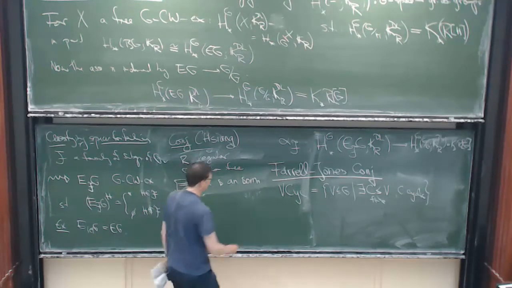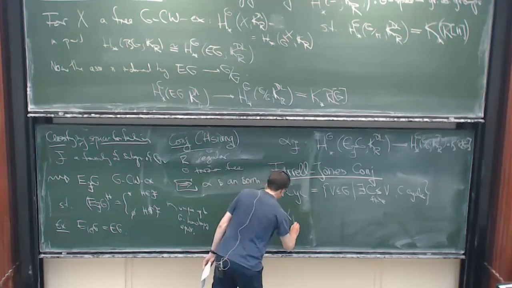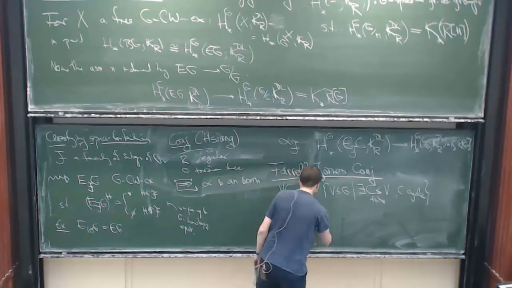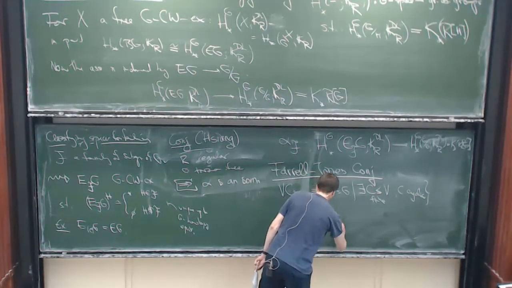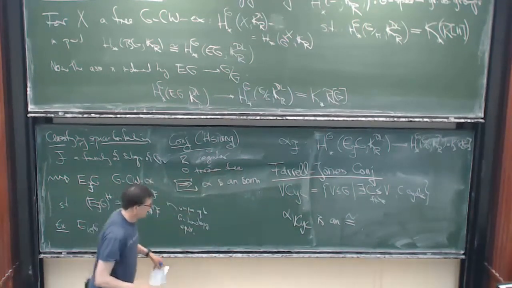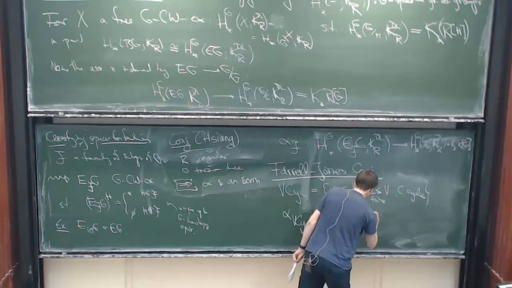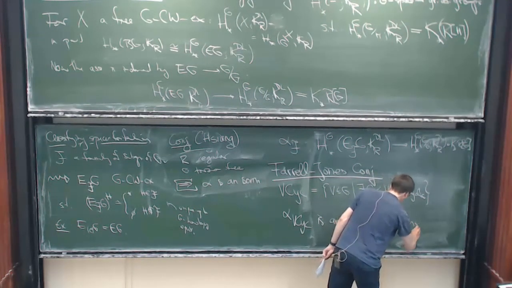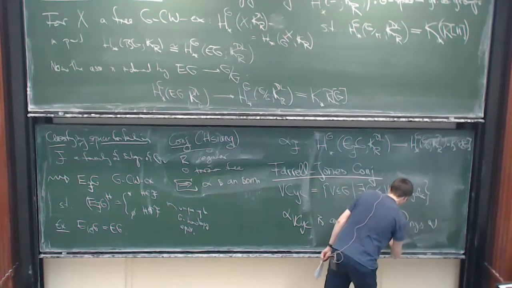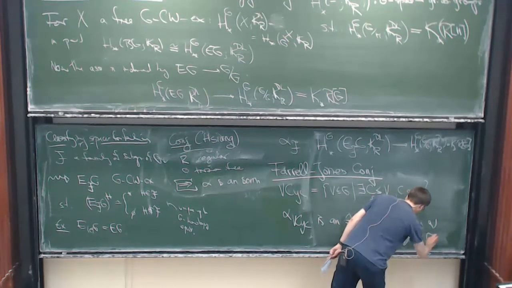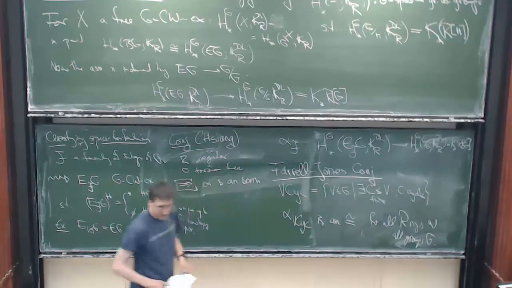Okay, and their conjecture is that the corresponding assembly map is an isomorphism. And this is now for all rings and all groups G. Okay?